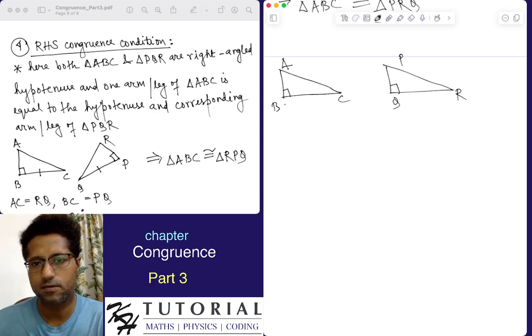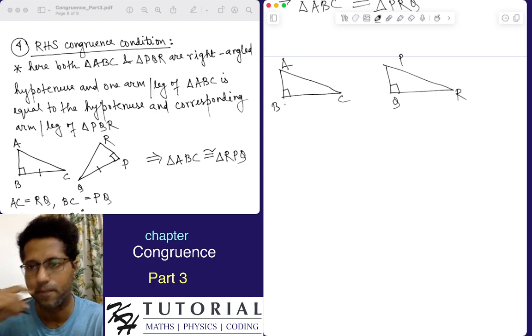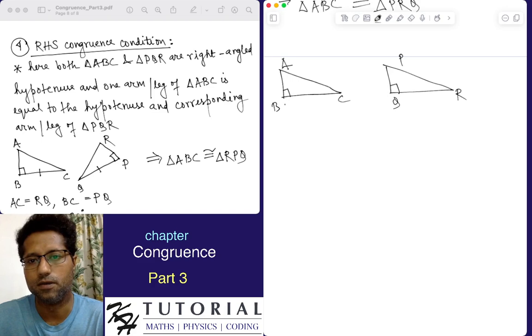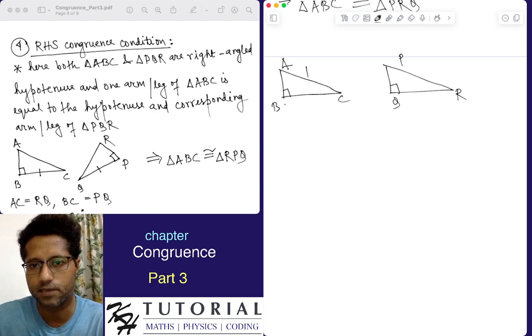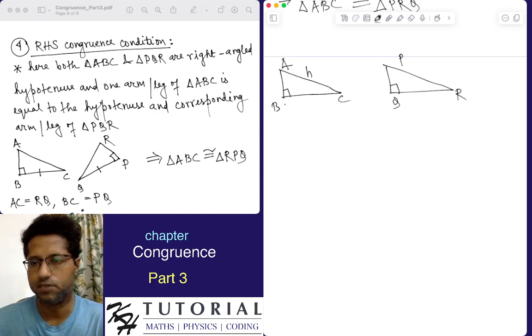So what else information in RHS do I need to verify to ensure that these two triangles are congruent? The hypotenuse must be equal. Now in triangle ABC, since it is right angled at B, I know the hypotenuse is AC. Also in triangle PQR, since I've assumed that it is right angled at angle Q, I know the hypotenuse is PR.